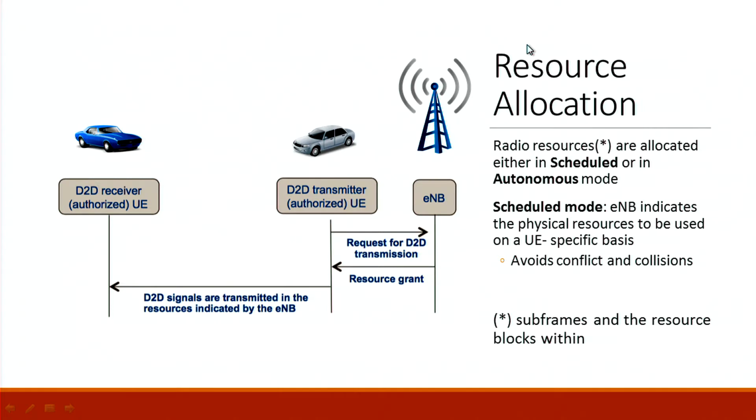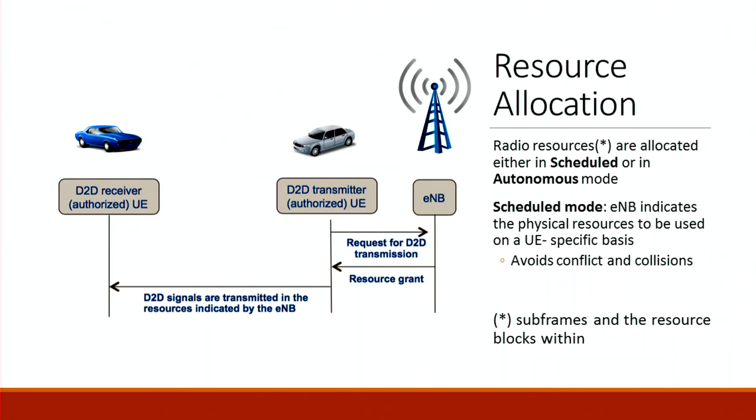Resource allocation happens in two different modes, called the scheduled and the autonomous mode. In scheduled mode, the eNodeB indicates what physical resources should be used on a UE-specific basis.